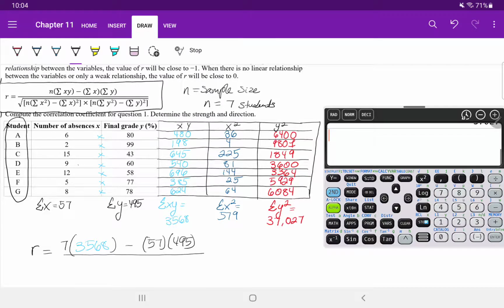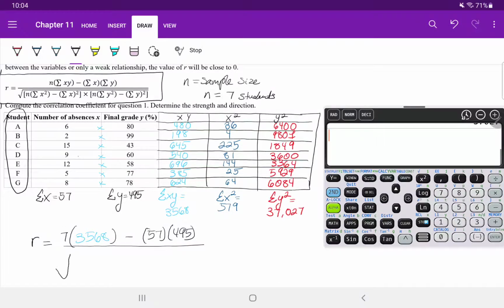Divided by the square root. Let's put a bracket here. Bracket is another form for parentheses. N times the sum of the square of x.